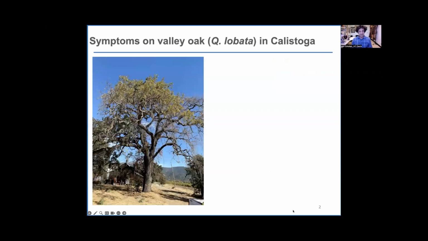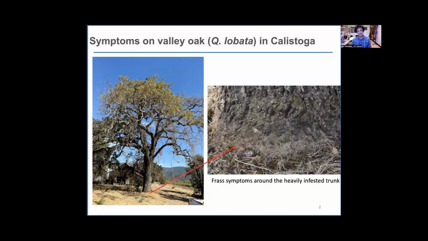So when you look at the symptomatic plants for the Mediterranean oak borer infested oaks, as you can see here, it starts with crown thinning and slow dieback starting from the top and going down.